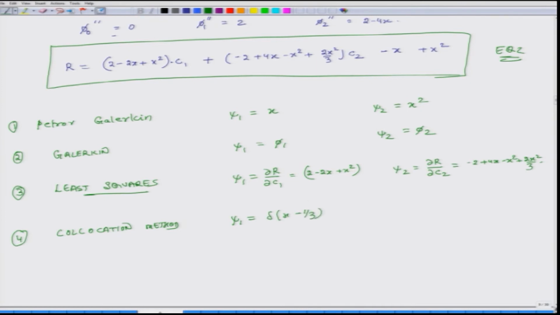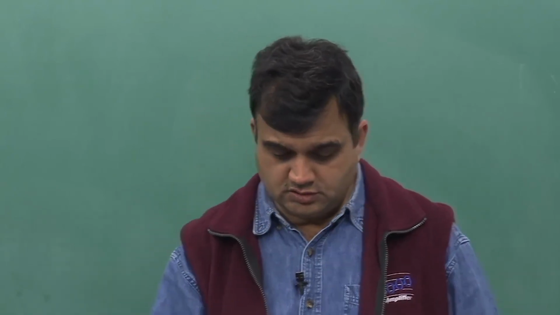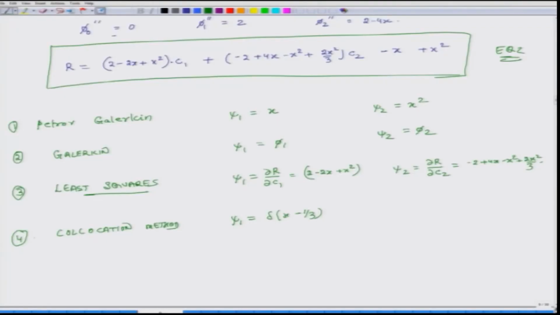So, I am just picking up these locations. If it is a 2 term solution, I have to make sure that the residue goes to 0 at 2 points. I have made that choice, it is not some special mathematics. The first point is x equal to 1 by 3 and the second location is x equal to 2 by 3.